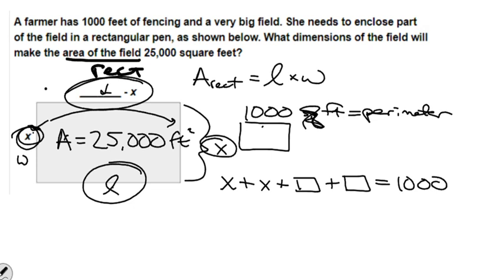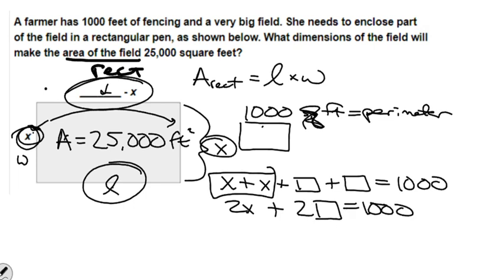So I can combine these and that gives you 2x, and then I know this is 2 boxes, like this. So the 2 boxes is going to be equal to whatever it takes when I take this and subtract whatever that length is.